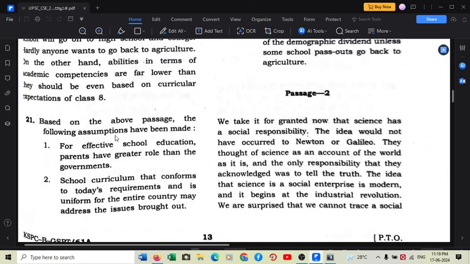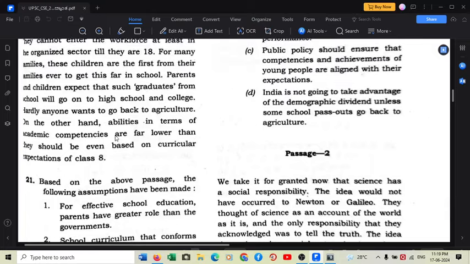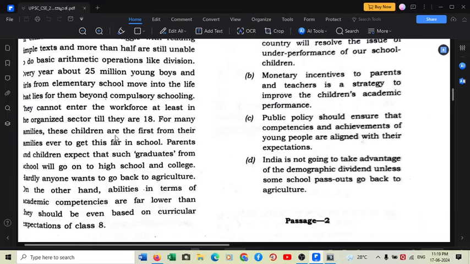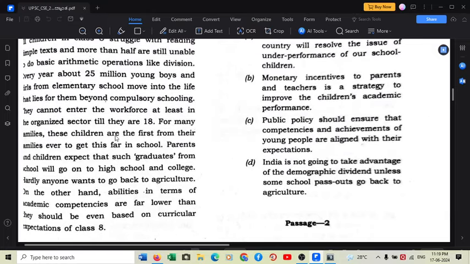Yes. Where? The reference is given in the middle of the passage, where we talk about every year about 25 million young boys and girls from elementary school move into the life that lies for them beyond compulsory schooling. So definitely it's a dropout. Dropout किसकी वजह से होता है?